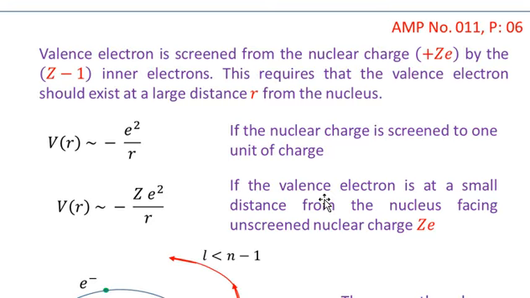This is the condition under which the valence electron is at a small distance from the nucleus, facing the unscreened nuclear charge Ze. So if the valence electron is very close, then of course it will experience the nuclear charge as minus Ze squared over r.